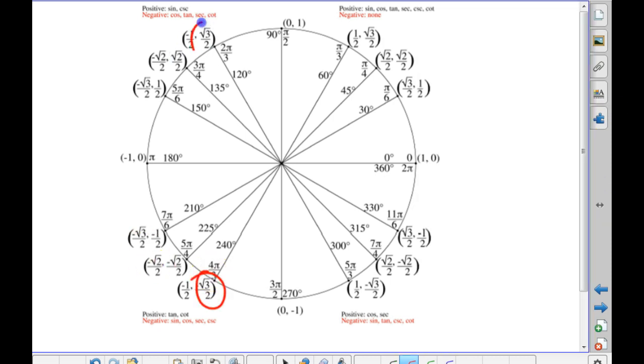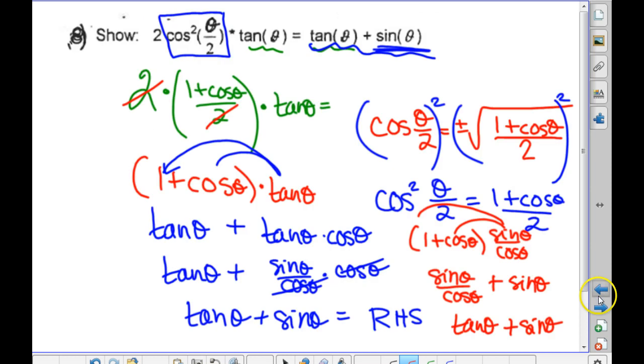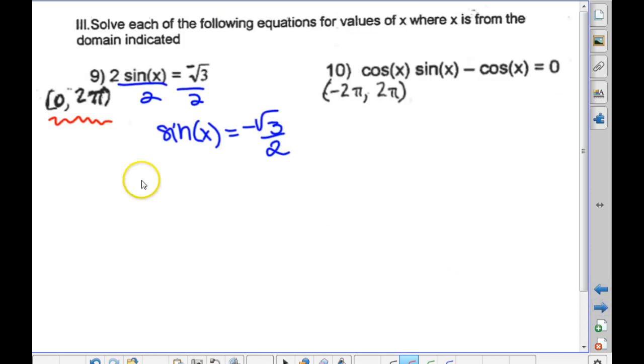And what do we write down? Whoops, negative. And 5 pi over 3, that's it. We are just writing down any answers between 0 and 2 pi. So 4 pi over 3 and 5 pi over 3.